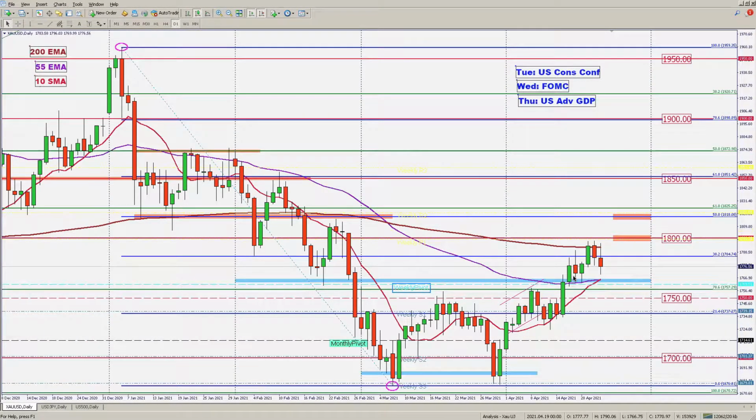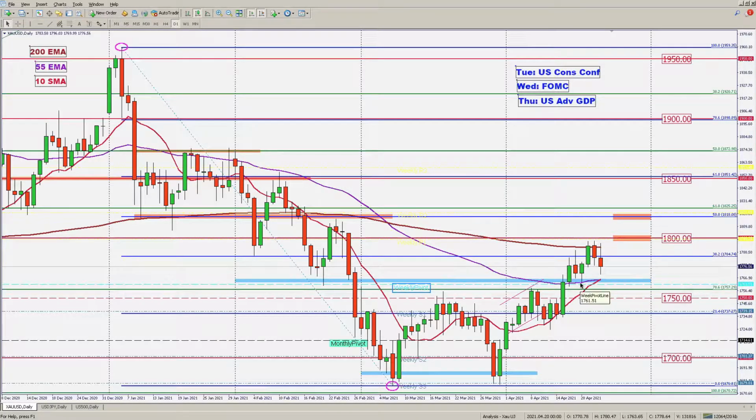And after a bullish close the previous week, it has been caught in a range between the 55 and 200 EMAs.